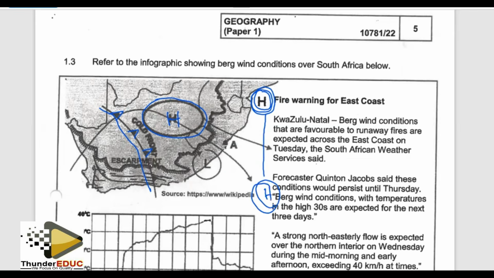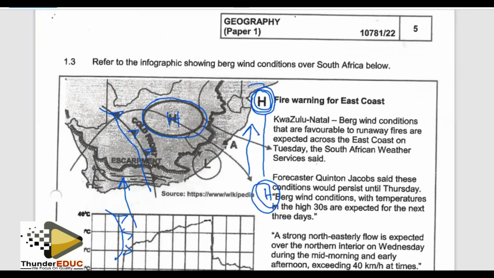The mid-latitude cyclone could be somewhere here in summer. Then in winter, they move northwards, towards the land. So that's why we are now seeing the mid-latitude cyclone over the land here.